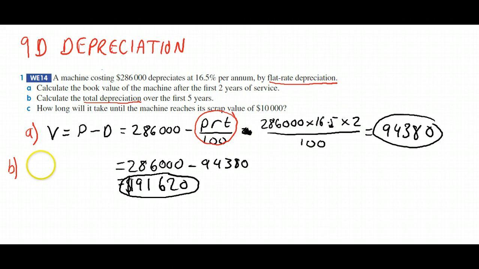So PRT in this case is 286,000 times 16.5, and this time T is 5 years, and it's all over 100.